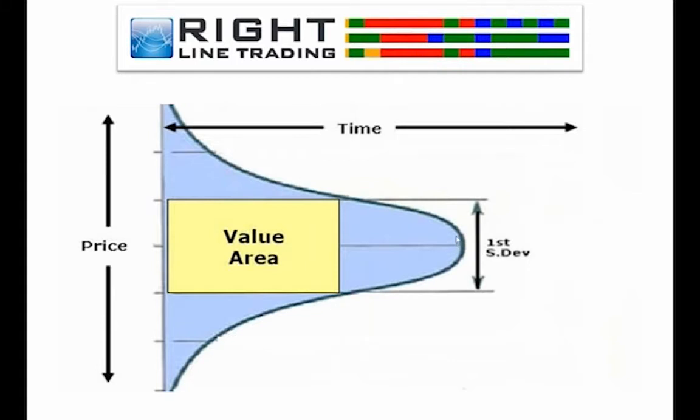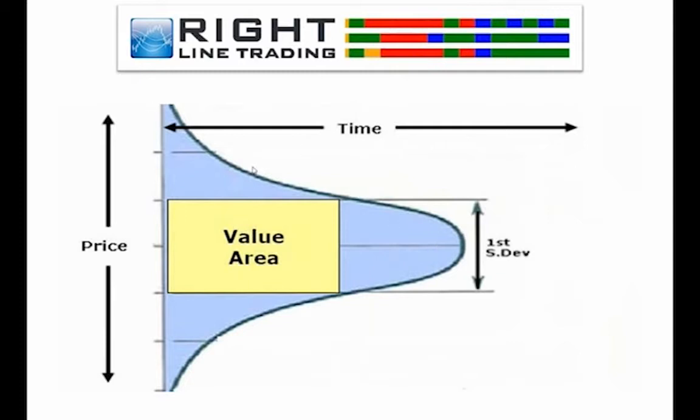In a perfect world, this type of data develops this bell-shaped curve, which is the normal distribution of this data. Here, you can see it's at price. The mean price is this black line going through the middle, and that's the average price. And the average price is the one that accumulates the most volume.